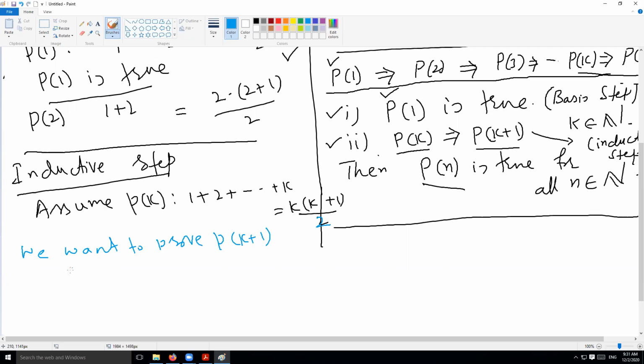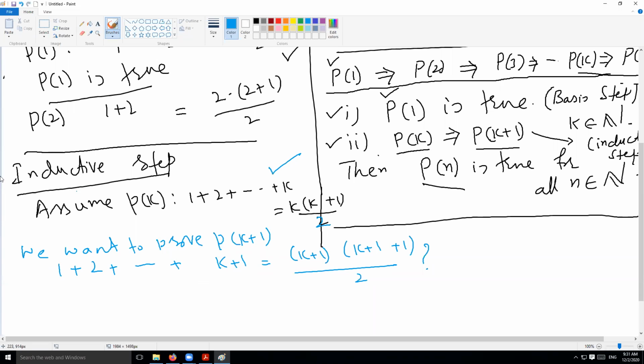What is P of k plus 1? That the sum of natural numbers up to k plus 1 is equal to k plus 1 times k plus 1 plus 1 over 2. So this is what we would like to prove. We have assumed this and we want to prove this.